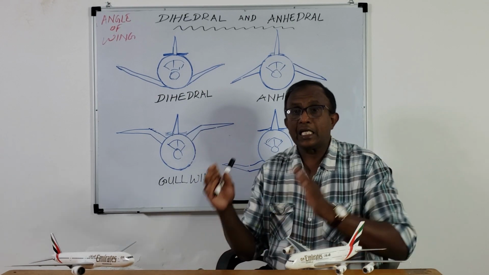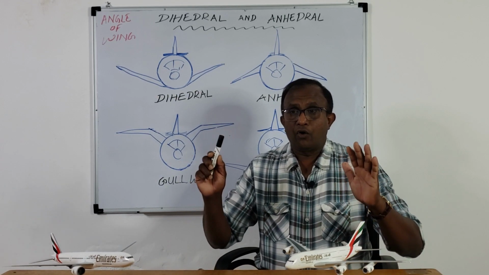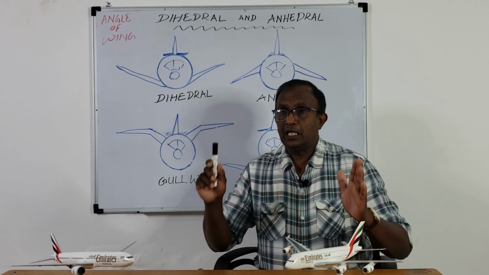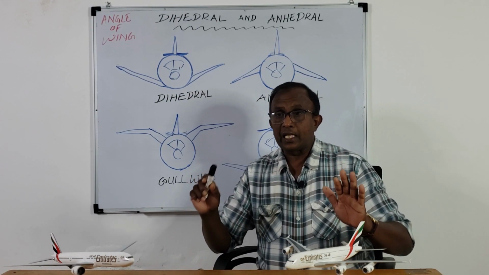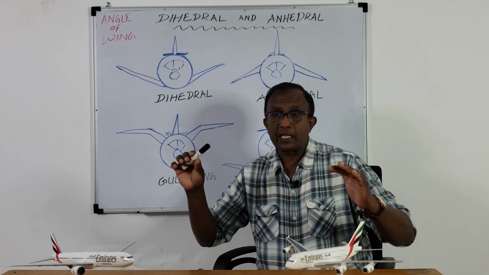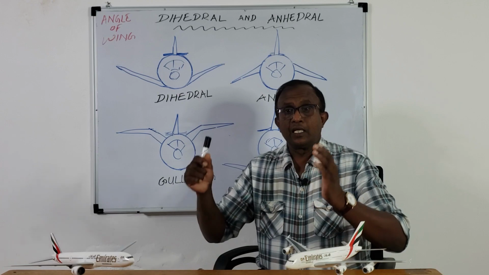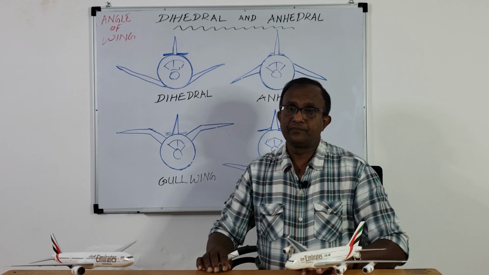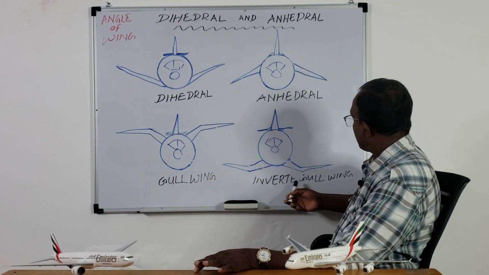The next one is inverted gull wing. Anhedral on the root section. Dihedral may be used to reduce the length of the wing mounted undercarriage legs while allowing raised fuselage. Okay, this is inverted gull wing.